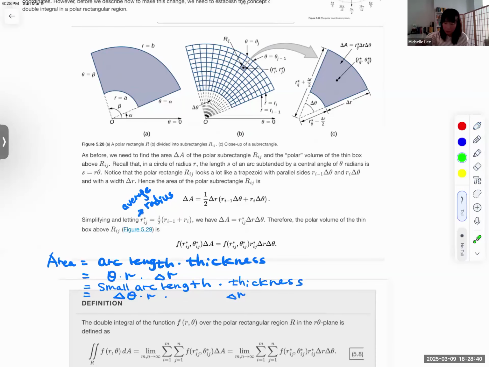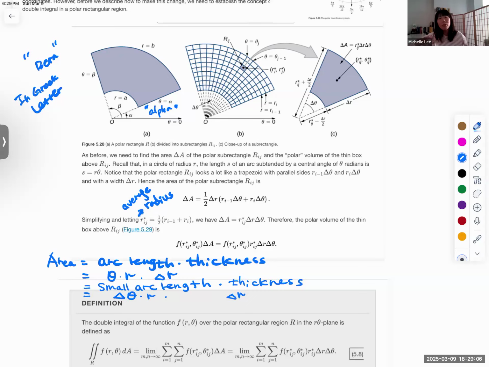We have radius, and A and B, and then theta, alpha, and beta, right? So we read alpha, right? In Greek letter, and this is the beta, I believe, in Greek letter.